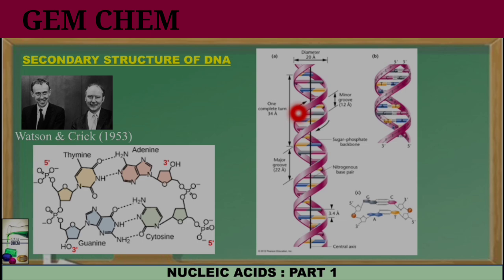There is a rotation of 36 degrees per base, and each strand of the DNA has a deoxyribose phosphate backbone on the outside of the molecule, which we have seen, and this backbone forms major and minor grooves. So this is the minor groove, and here we can see there is a major groove, while the bases are present inside.